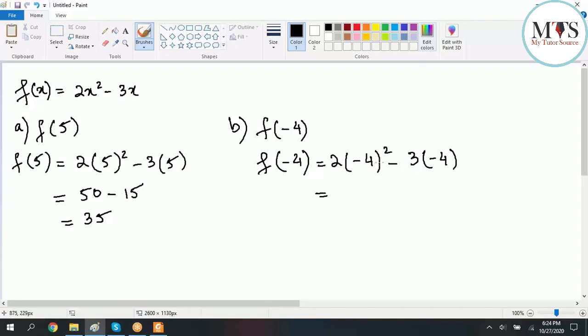So 2 times negative 4 squared equals? 4 squared is 16, times 2 is 32. Plus 12, which is 44. So that's your value of the function when we put x equals negative 4.